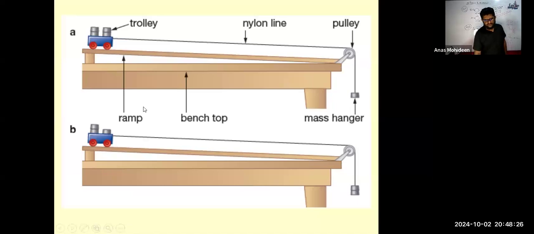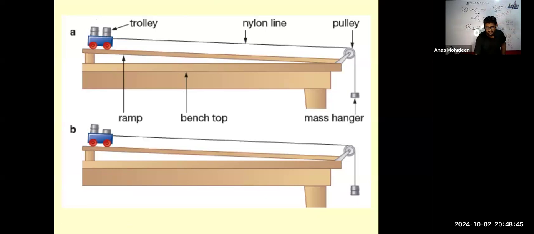We do have a trolley, and we have kept this trolley over a sloped, inclined surface. On the trolley, I have some blocks or objects to add up the mass.